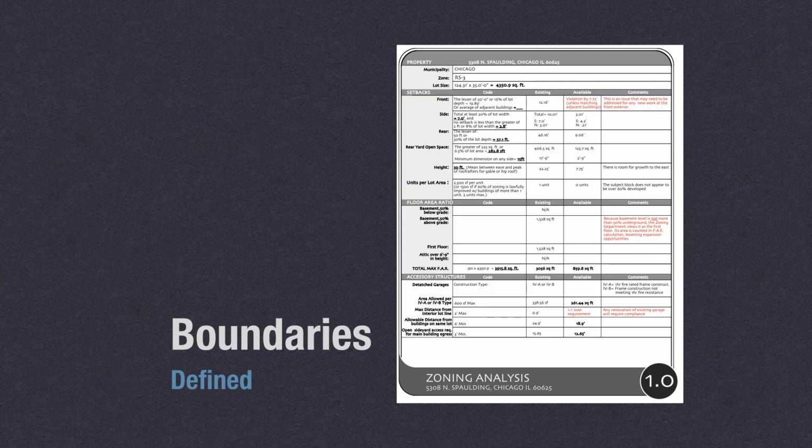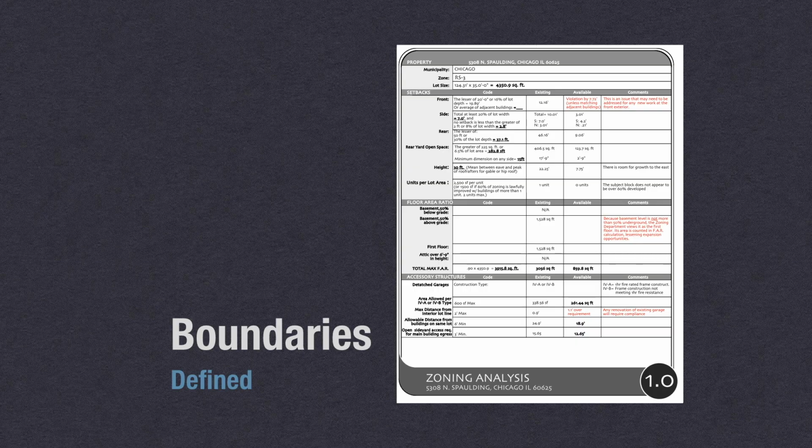So we will flesh out from the zoning ordinance what the various front, side, and rear yard setbacks are, what any building height limitations there are, how many units per lot you're allowed to construct on the property if you're thinking of doing a multi-unit structure.